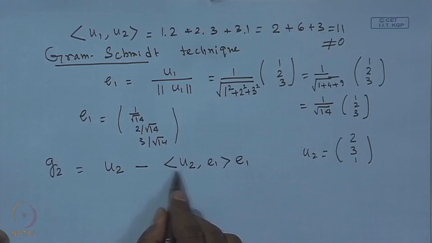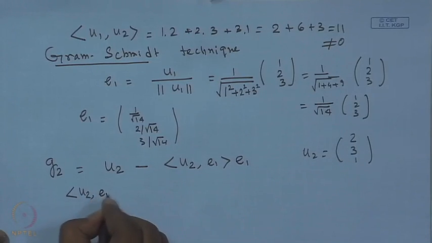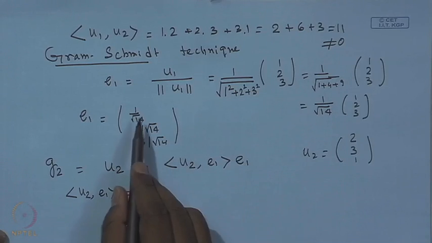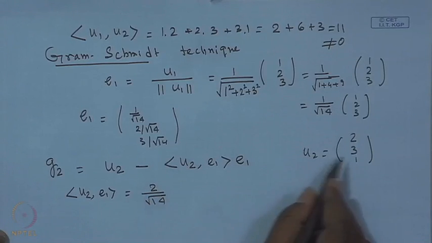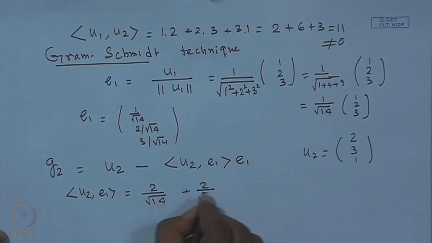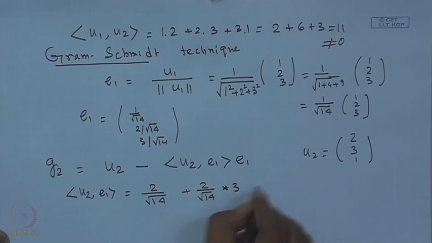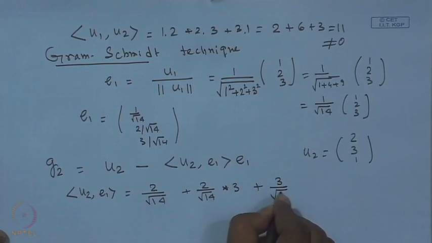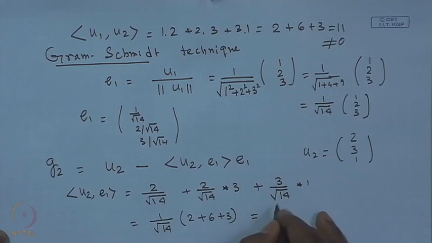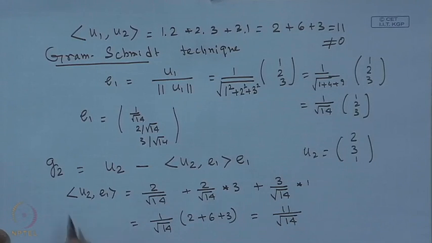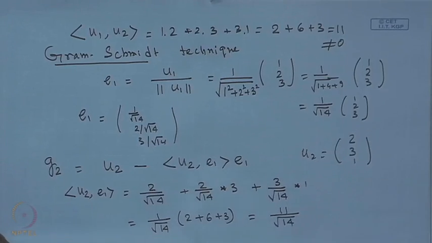So, let us first calculate the inner product between u2 and e1: 1 by root over 14 into 2, plus 2 by root over 14 into 3, plus 3 by root over 14 into 1. If we take root over 14 as common, this becomes 2 plus 6 plus 3, so 11 divided by root over 14. That is the inner product of u2 and e1.